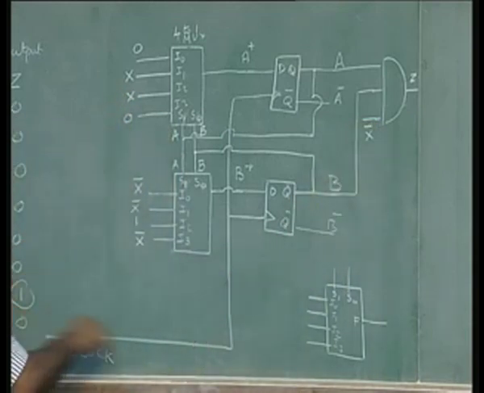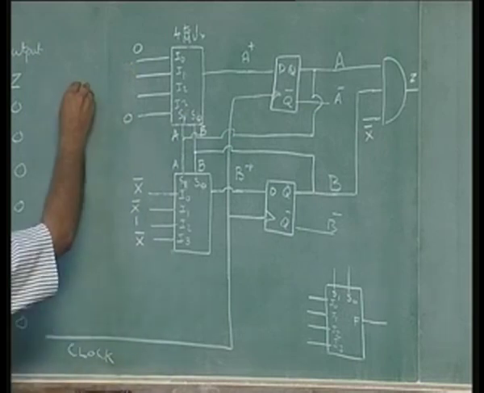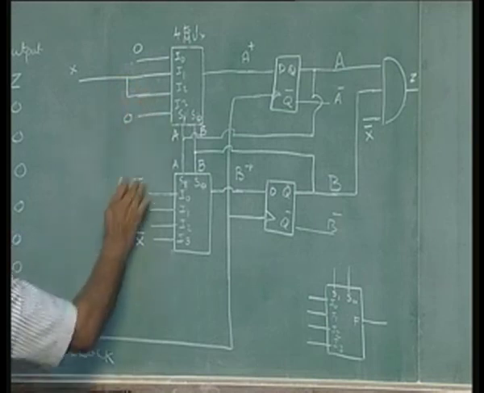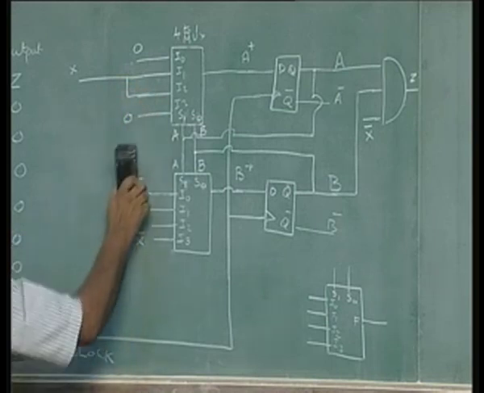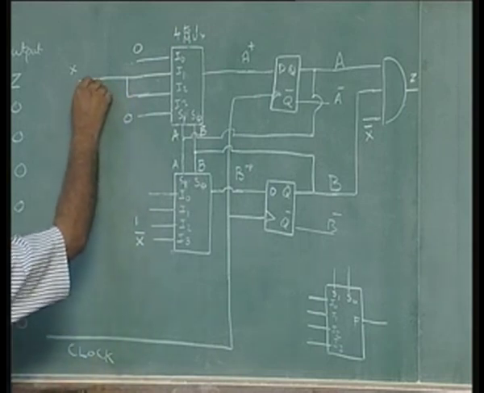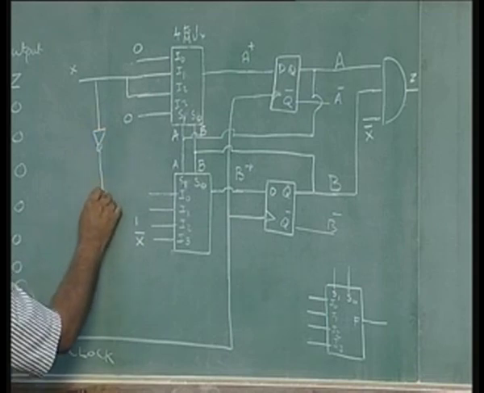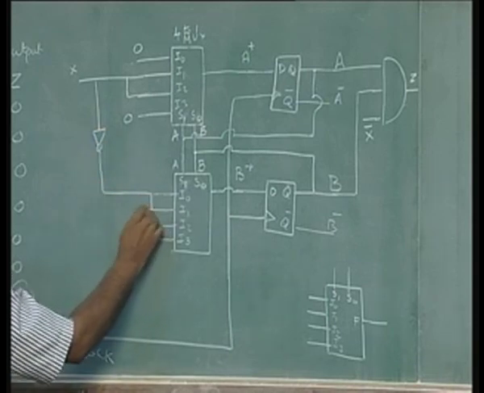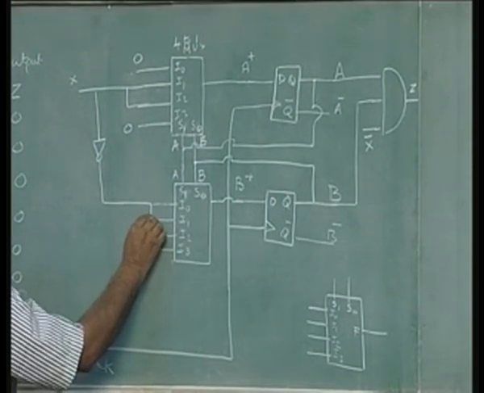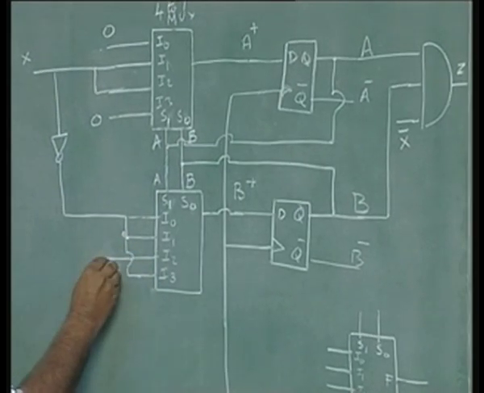All I am saying is you take this x as input to the system, connect it here, same thing will become x bar, and this is my 1.